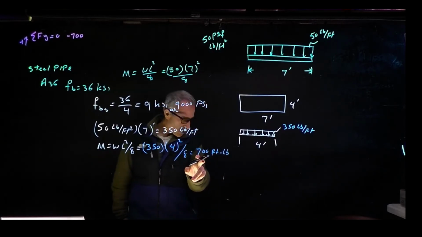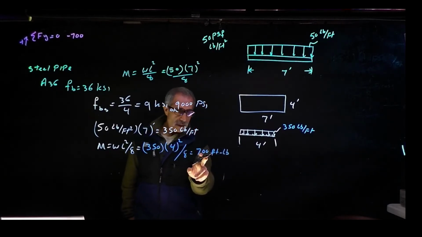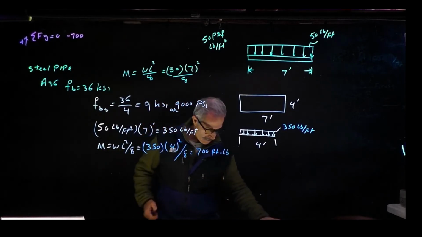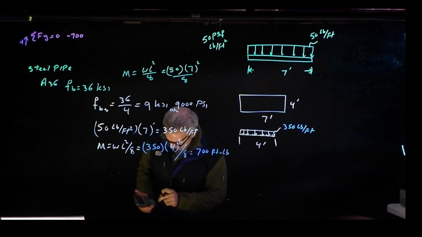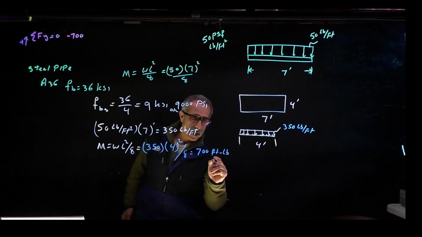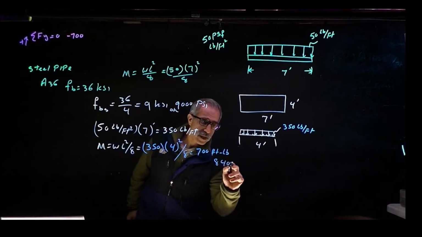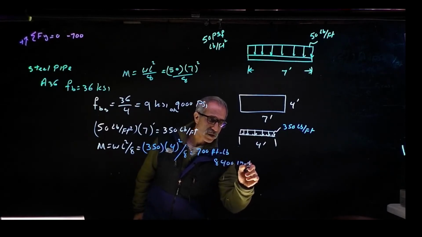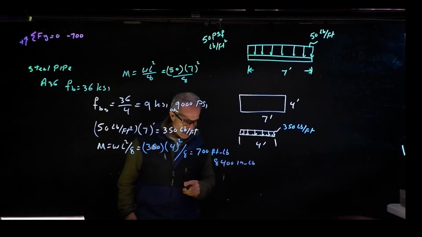And multiply that by 12. I don't know what it comes out to, but make it... that doesn't work. 8,400, Professor. 8,400? 8,400 inch-pounds. Thank you, Joe. So now we have that.